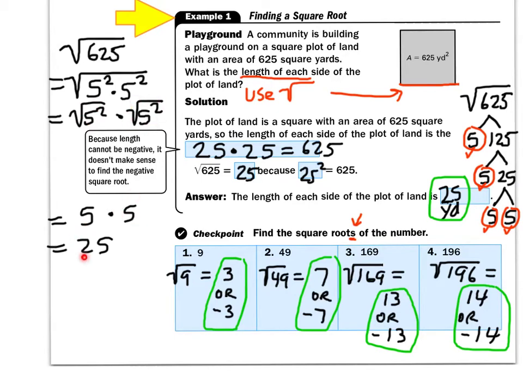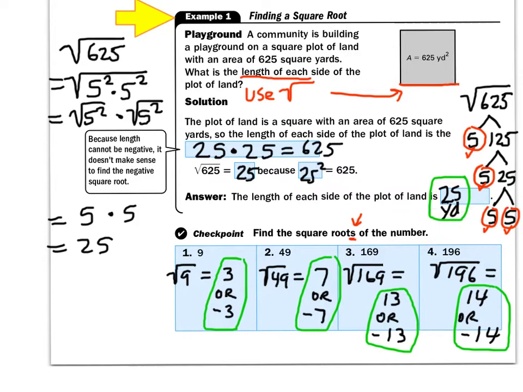So 5 times 5 gives me 25. So basically, 25 times 25 equals 625. So if I want to know the square root of 625, it's just the number 25. And again, the reason why, because 25 squared is 625. So I know the length of each side of the square is just 25 yards.